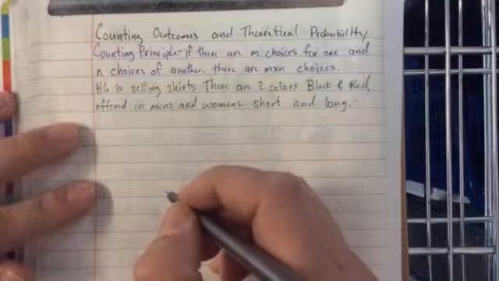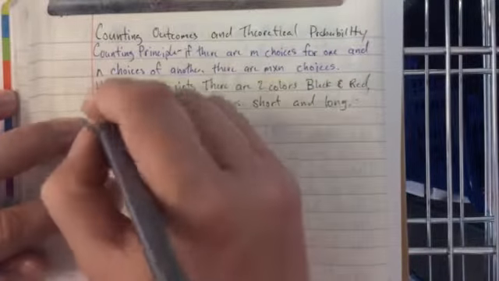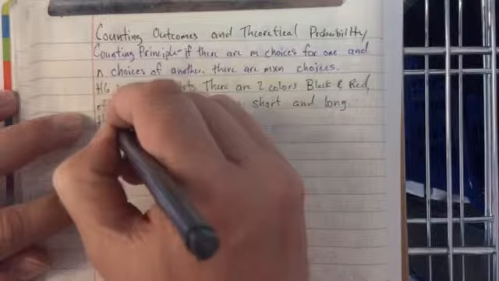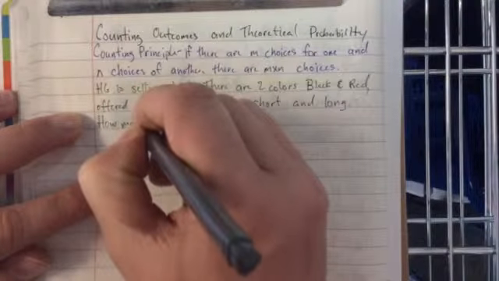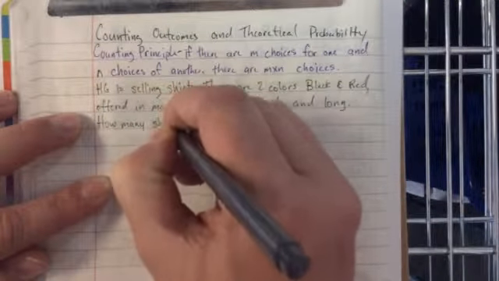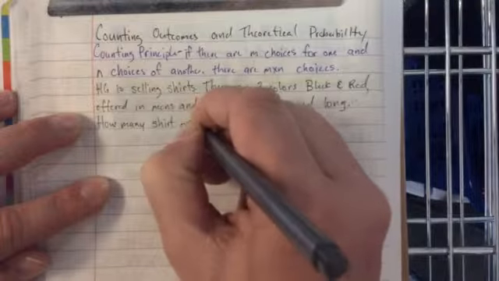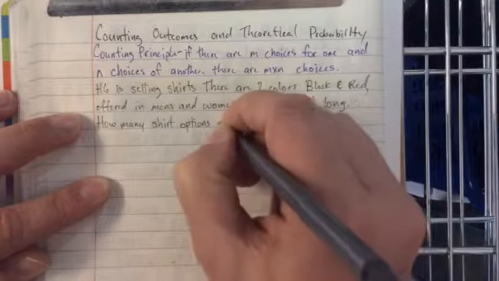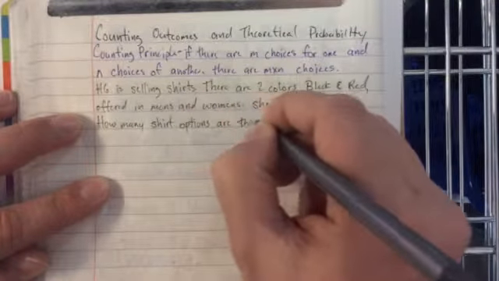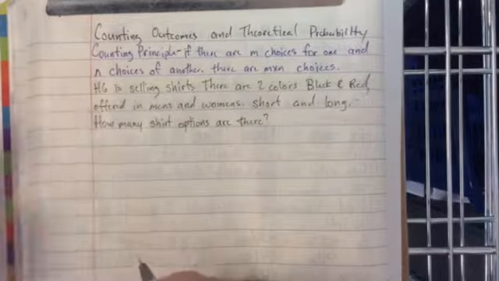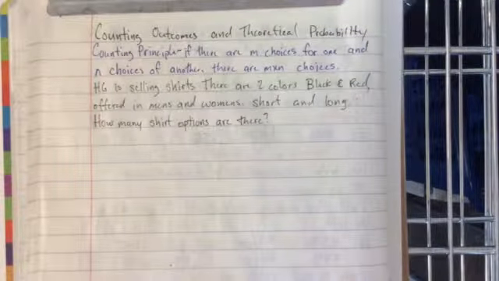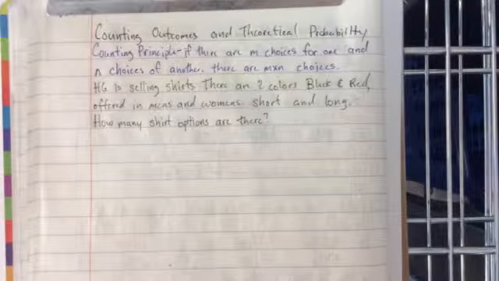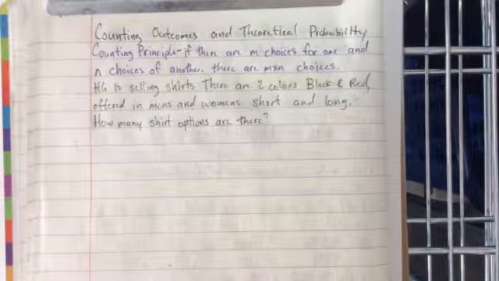So the question is, how many shirt options are there? That's the counting principle.